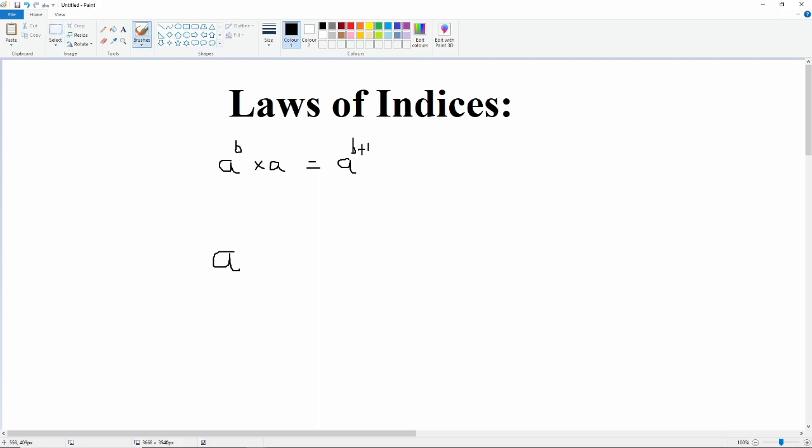a to the power b multiplied by a to the power c is equal to a to the power b plus c.